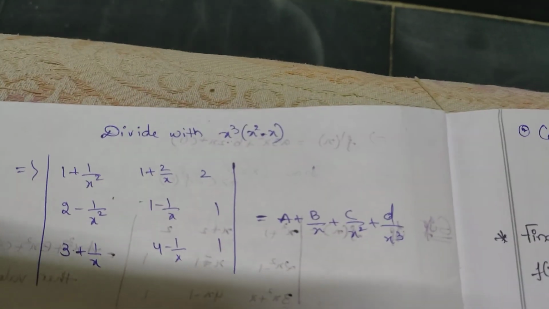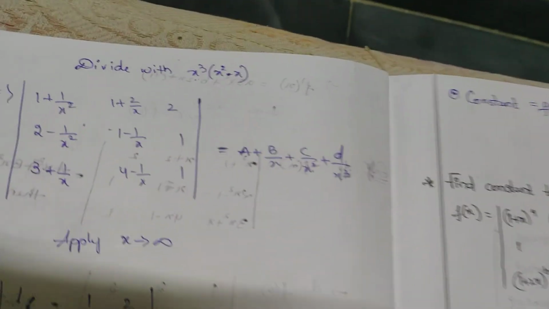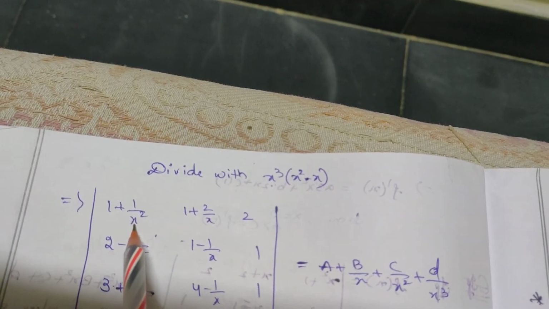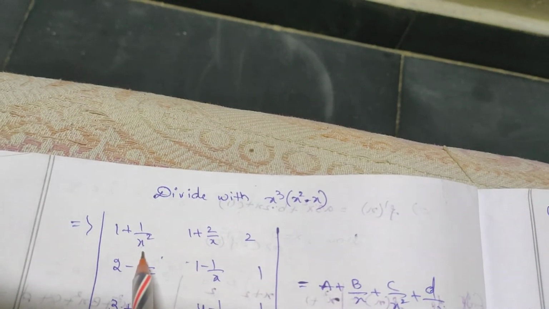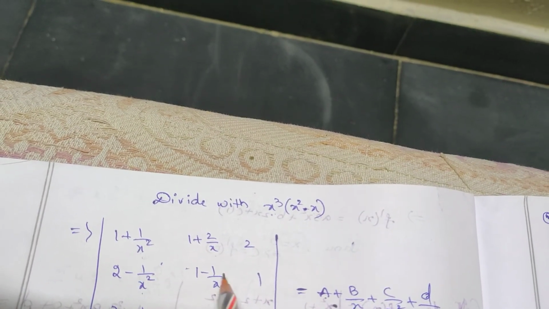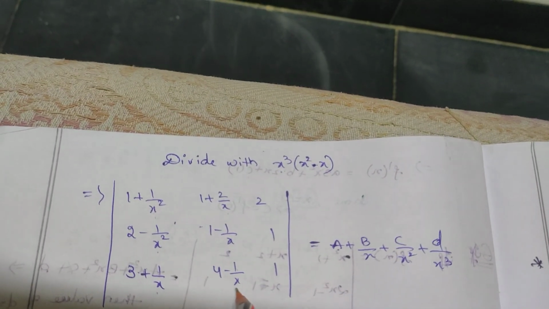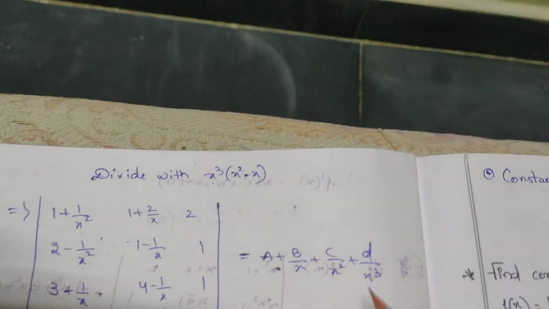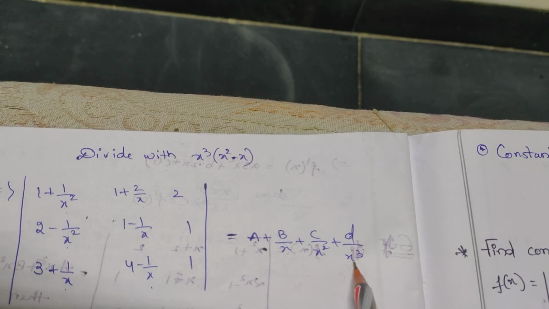Now, as x tends to infinite, infinite square is also infinite. 1 by infinite, 2 by infinite, 1 by infinite, all these become 0 because of the formula already given: anything by infinite becomes 0. On the right side, b by infinite, c by infinite, d by infinite are also zeros.